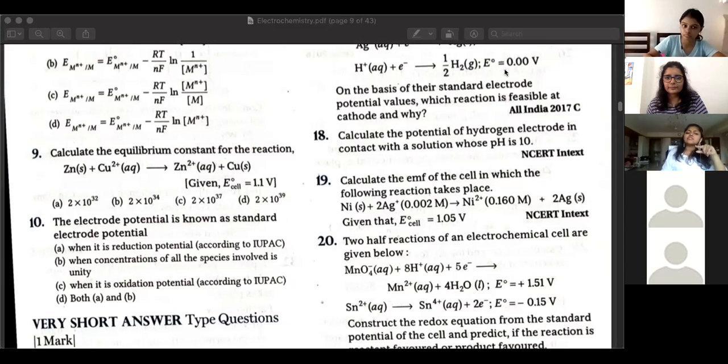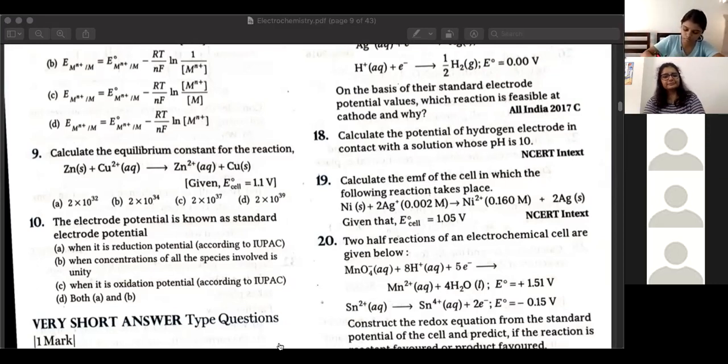Ma'am, I don't get this logic. You said it's a very long calculation and you give us only 2 minutes. Which question? Question number 9, Shantanu.